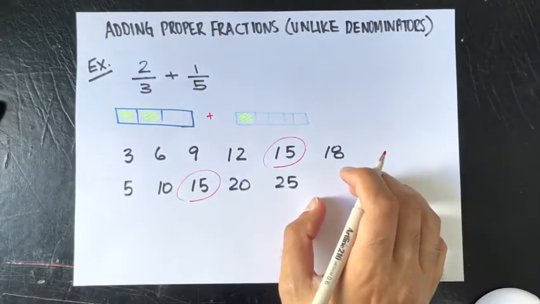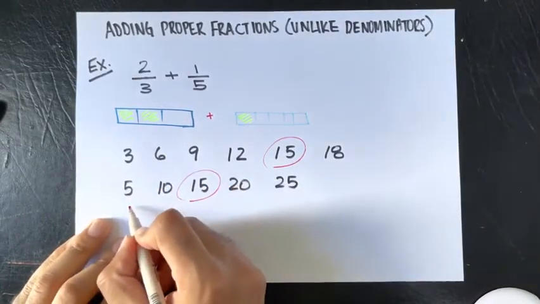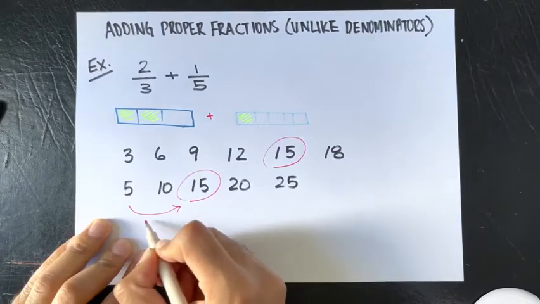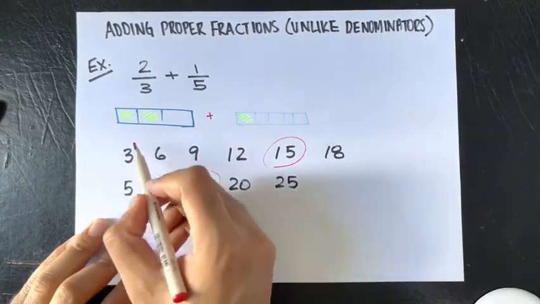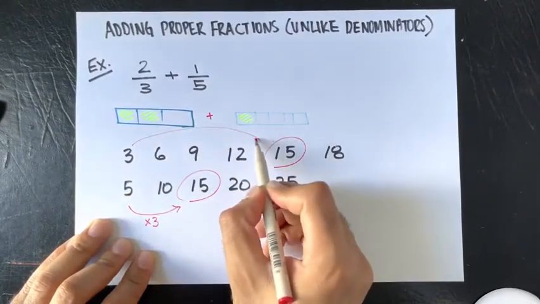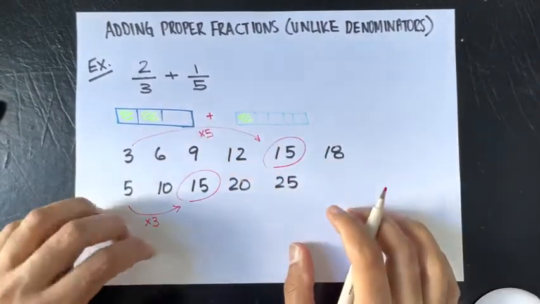Okay, and to get to 15 from 5, you just go 3 times 5, so that's times by 3, and from 3 to 15 you multiply that by 5.